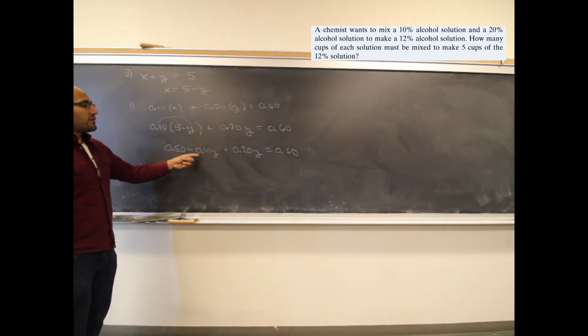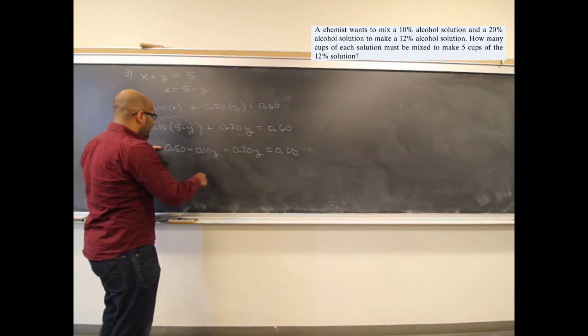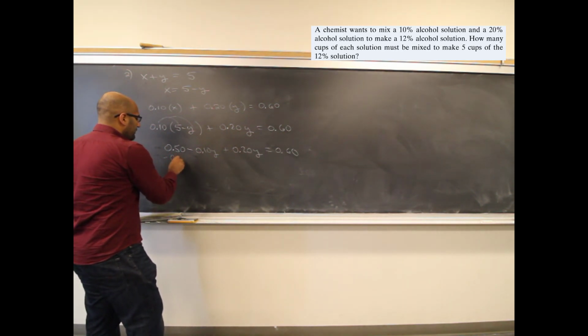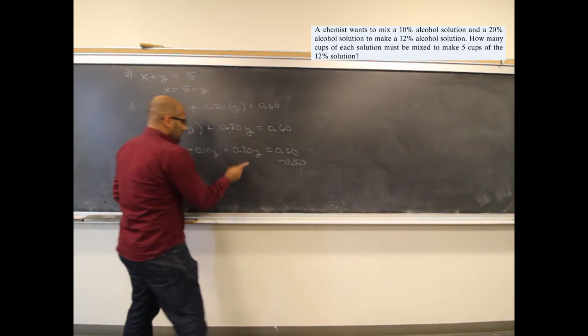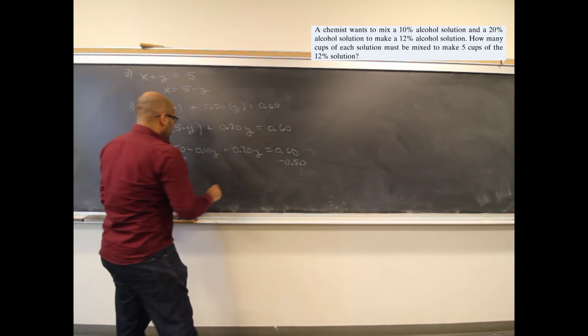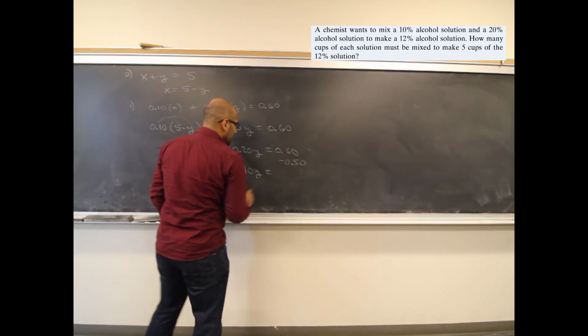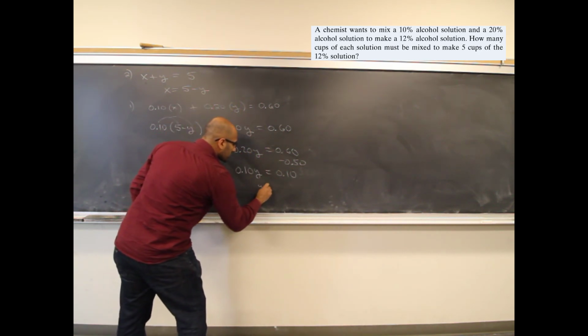Combining like terms, so now we only have Y's in here. So now we have a new equation that only has Y's in it. We can solve for Y. Move this over there. We get minus 0.50 minus 0.50. And combining these two, we get 0.10Y equals 0.10. So Y equals 1.